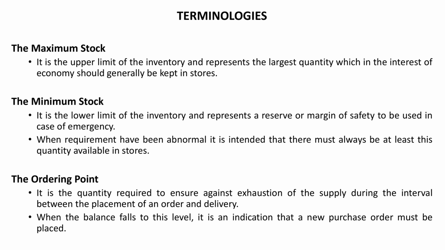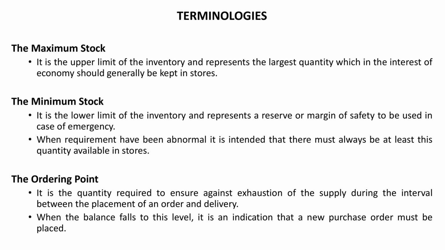The minimum stock. It is the lower limit of the inventory and represents a reserve or margin of safety to be used in case of emergency. When the requirements have been abnormal, it is intended that there must always be at least this quantity available in stores.